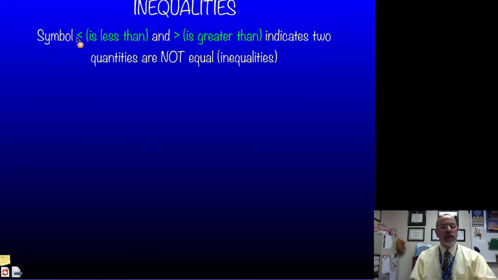We know if the symbol points to the left, we read it as is less than, and if it's pointing to the right, it's read as is greater than, because the item on the left is being compared to the item on the right. So the item on the left is less than the one on the right in this scenario. If it's this symbol, the item on the left is greater than the one on the right, and it is indicating that they are not equal.